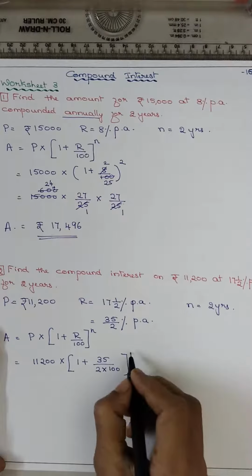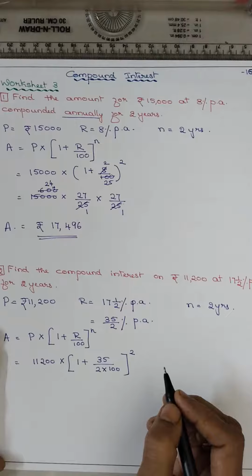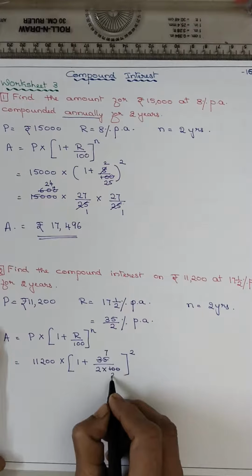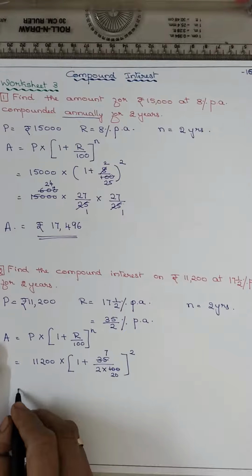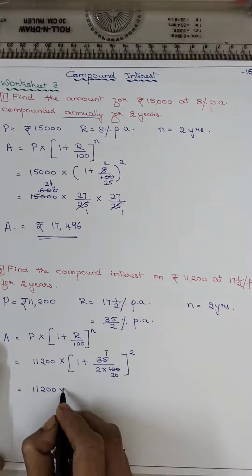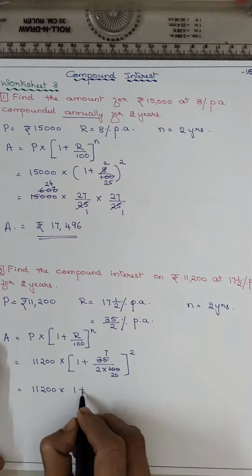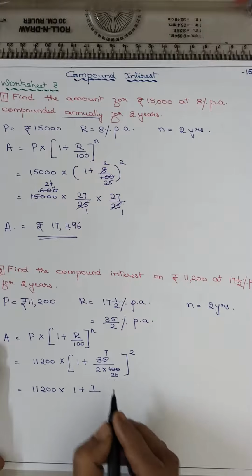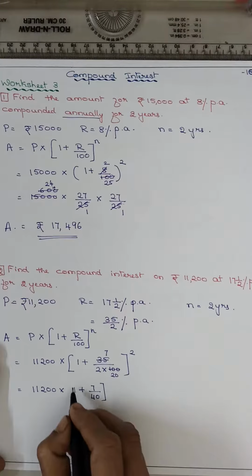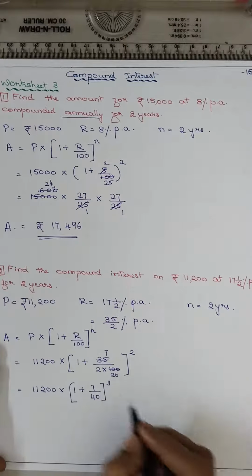The whole raised to 2. Now 5 7s are 35, 5 20s are 100. So it becomes 11,200 into 1 plus 7 upon 2 into 20, 40, the whole raised to 2.